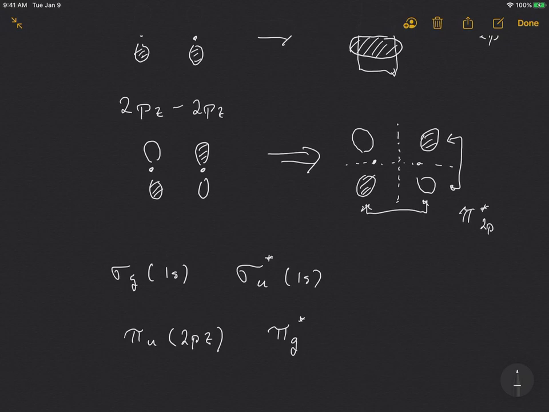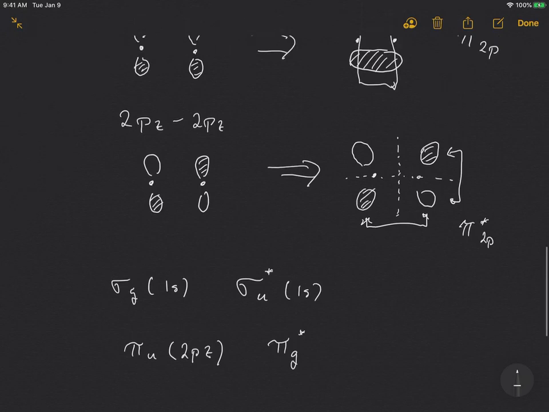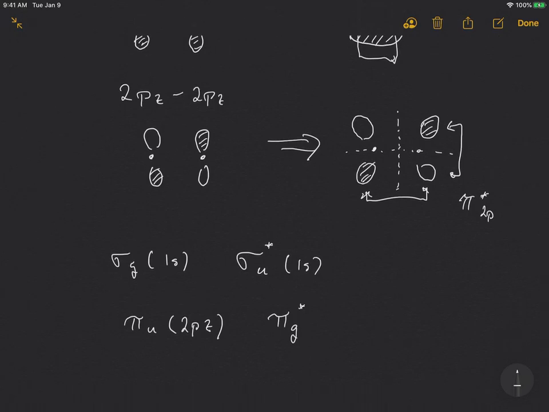So this is a pi star g antibonding orbital that we see right there. And again, that's 2pz.